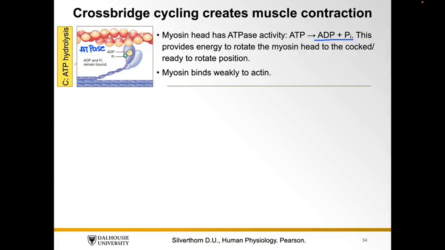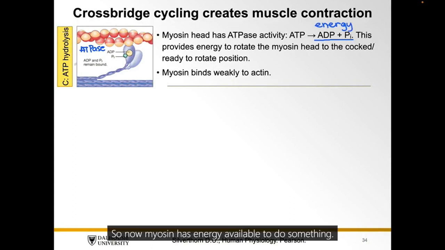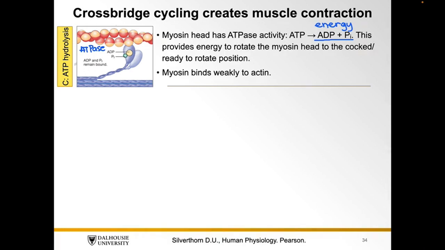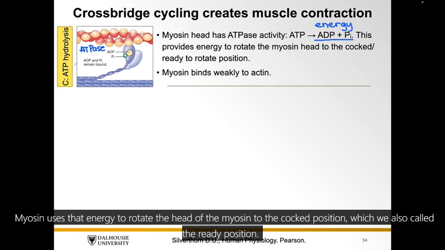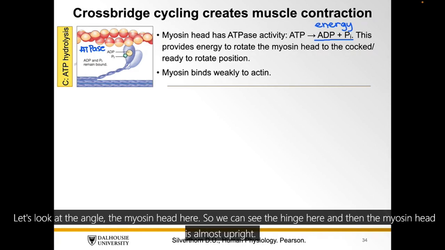And we know that this reaction releases energy. So now myosin has energy available to do something. So what is myosin going to do with this energy? Myosin uses that energy to rotate the head of the myosin to the cocked position, which we also call the ready position.